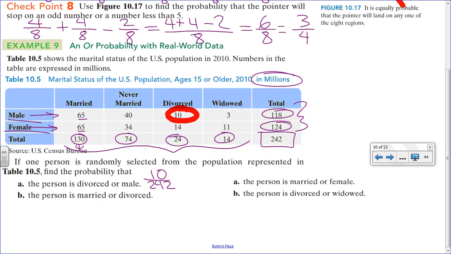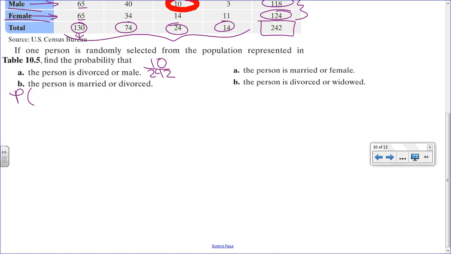But if we use the probabilities, we should be looking for a person who is divorced or male.